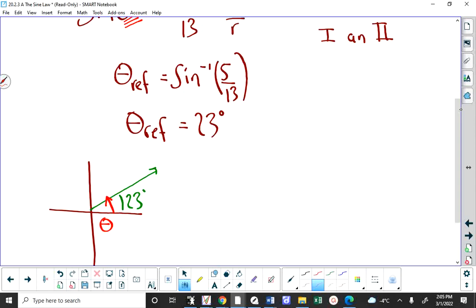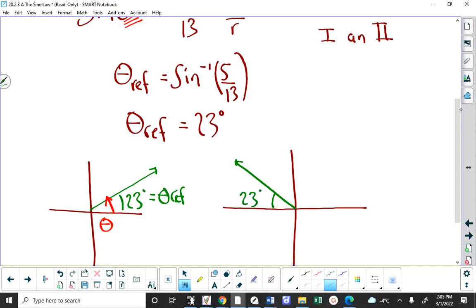That 23 degrees is not the rotation angle, that's the reference angle. On the other hand, if the terminal arm lies in quadrant 2, another place where y is positive, and the reference angle is 23 degrees.